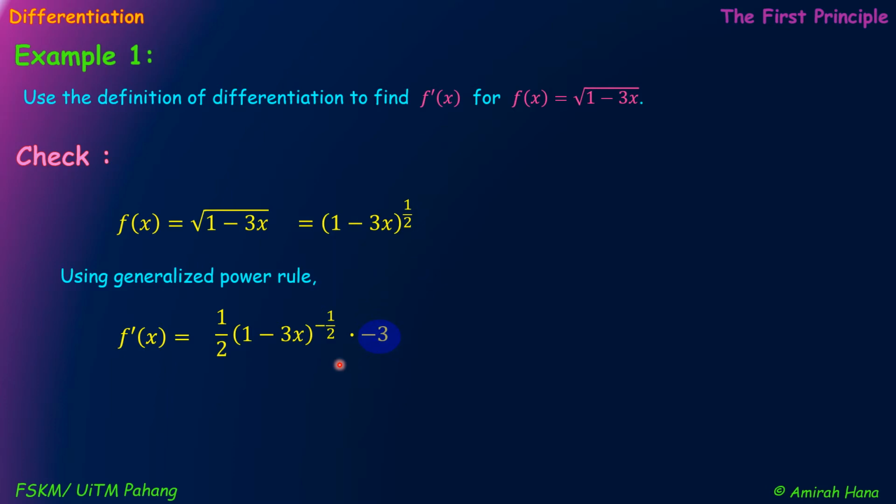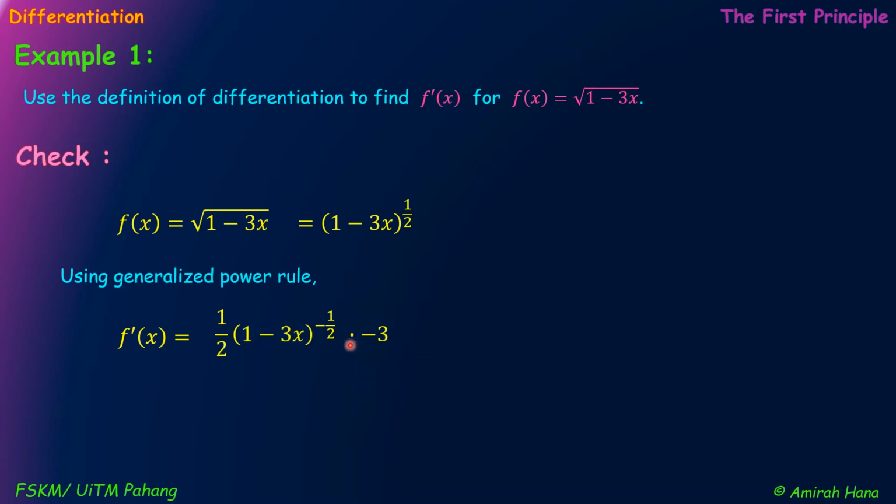And then don't forget to put times negative 3. How do we get negative 3? We differentiate what is in the bracket. We differentiate 1, which equals 0, and we differentiate negative 3x, which equals negative 3. That's why we get this. And the sign here should be a multiplication operation.